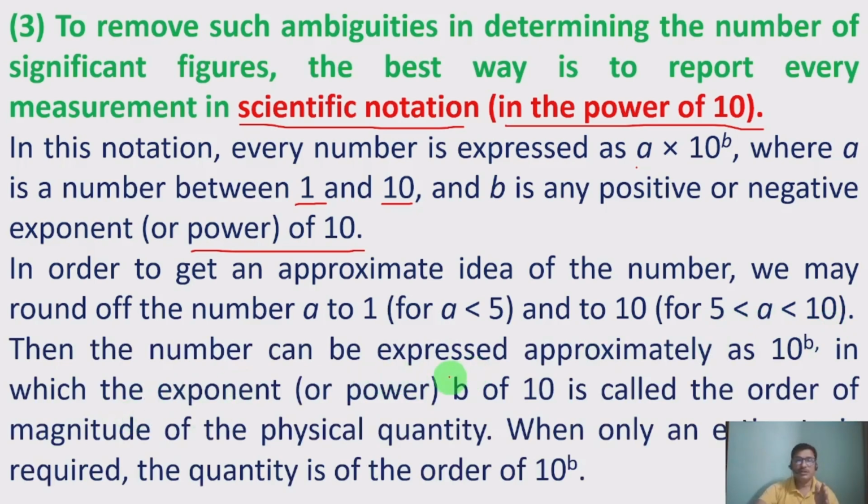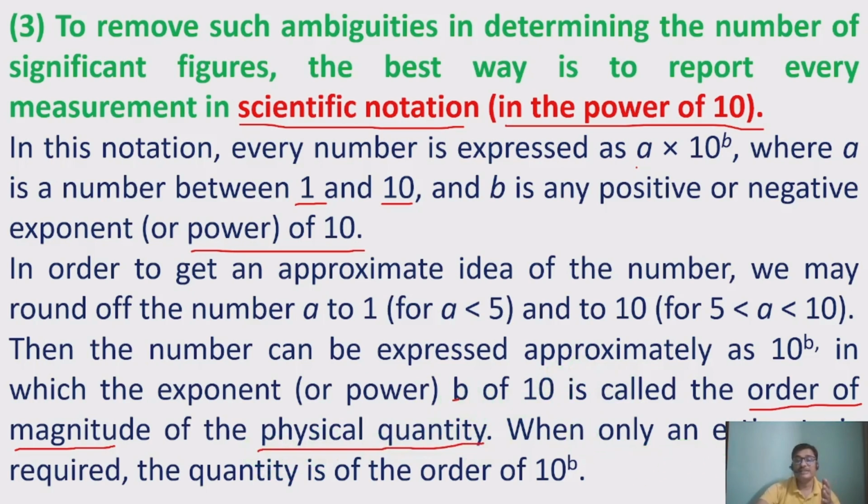Then the number can be expressed approximately as 10 raised to b, in which the exponent or power b of 10 is called the order of magnitude. Whatever the power of 10 is, that is the order of magnitude of a physical quantity, that is b.